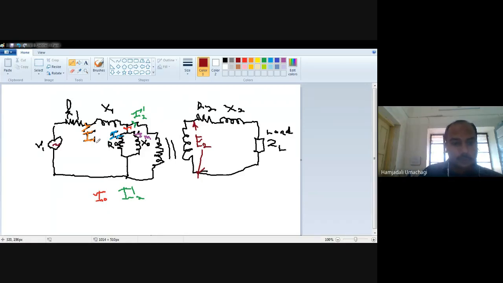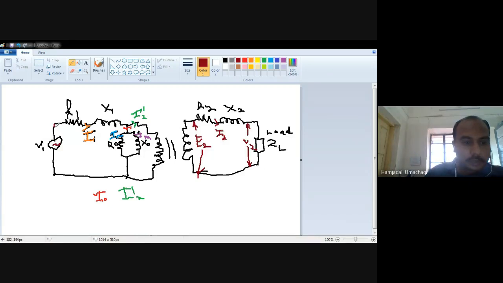Okay, so now you just check this circuit diagram for practical transformer, and here you will be having current I2, and here voltage available will be V2. This is one kind of rough diagram what I have represented here.